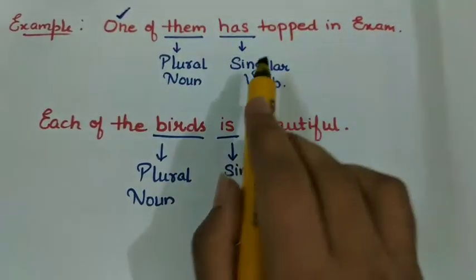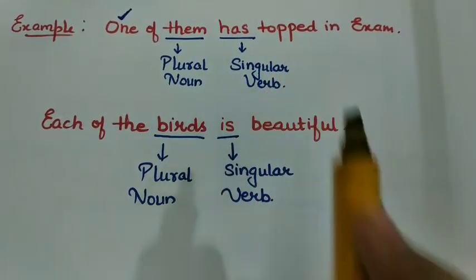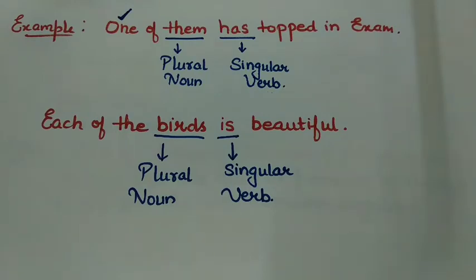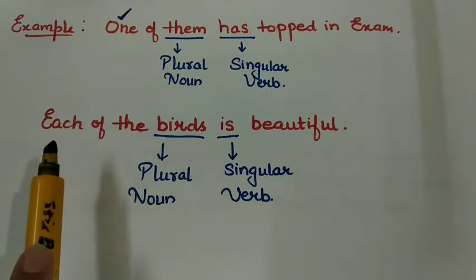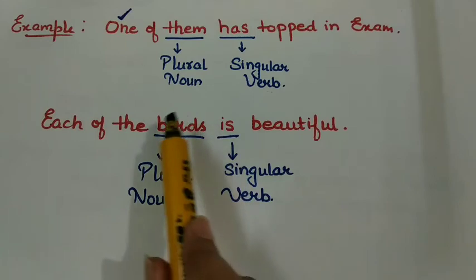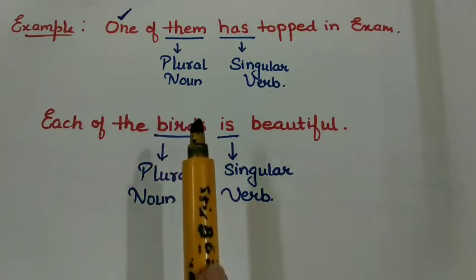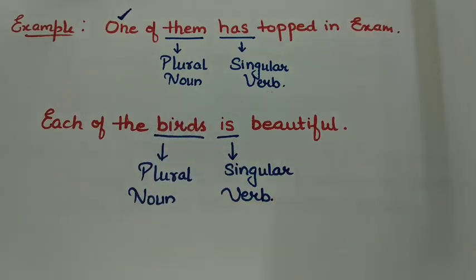So I have to use a singular verb, that is has. See one more example of it. Each of the birds is beautiful. Here I have used each of, right? Birds is a plural noun, right? But I am talking about each individual bird. So each of the birds is beautiful is a right sentence.